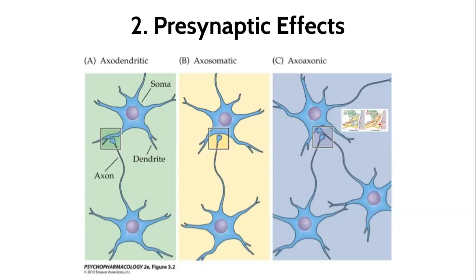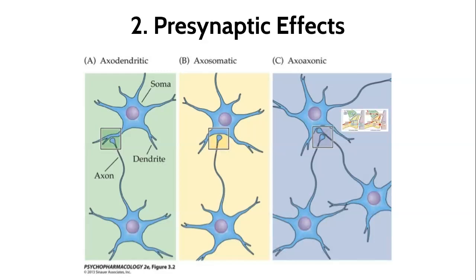You should also know that axons can synapse onto the cell body, right? So there are receptors on the cell body as well. So you can call that an axosomatic synapse. But a key thing that will be important for what we're going to talk about in this class is what we call an axoaxonic presynaptic effect. So here you have a postsynaptic cell. You have a presynaptic cell that is trying to synapse onto the body of the postsynaptic cell.